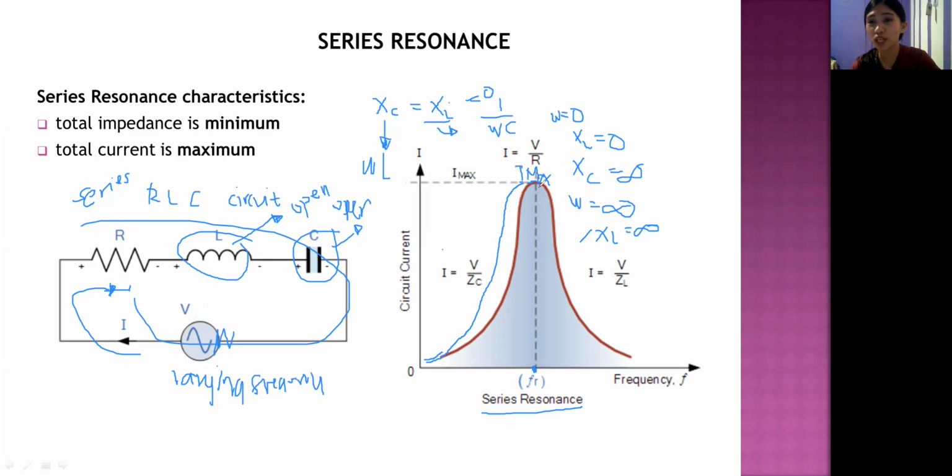If we decrease the frequency from the series resonance, in low frequency the current will also be 0. That's why in the series resonance, the current is maximum.